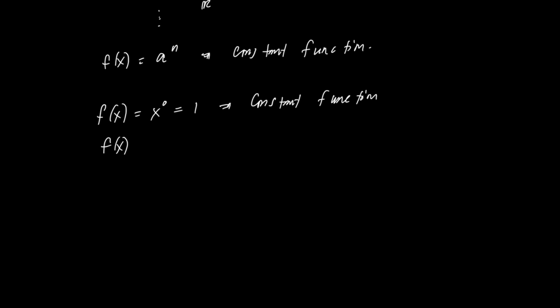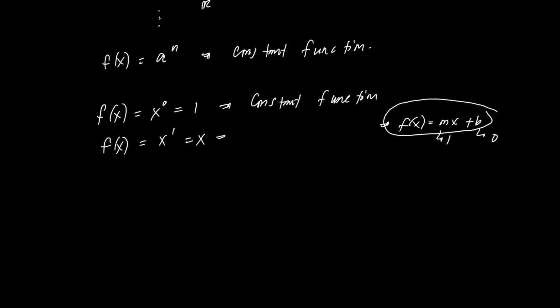And what is f of x equals x to the 1, which is x? Take note, guys, this is just f of x is equal to mx plus b, where m is 1 and b is 0. And a function in this form is called, that's right, a linear function.